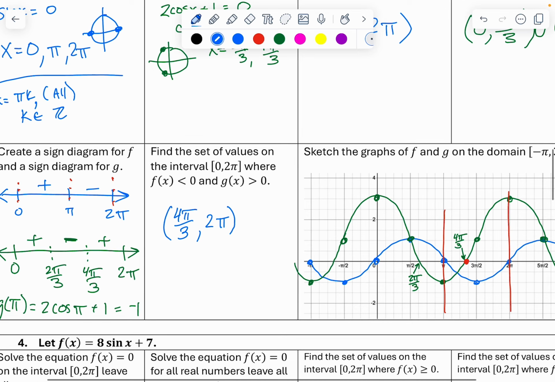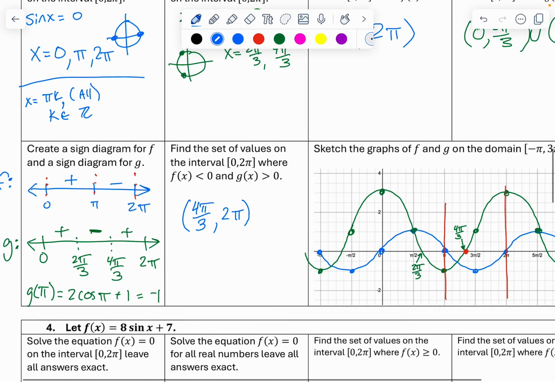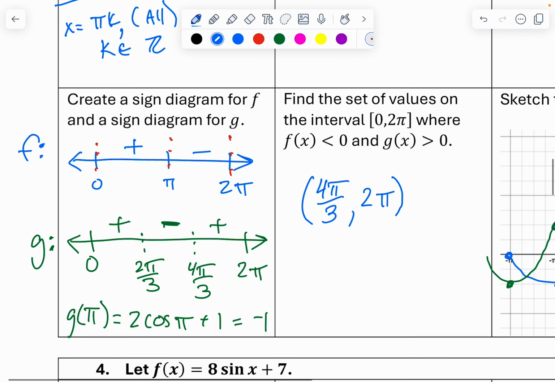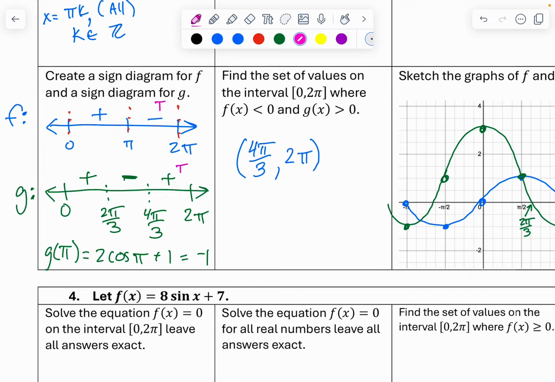Yeah, because we needed both of these things. You can look at the two sign diagrams together. I don't know why I wrote an F. I meant to write T for true. True here and true here. So one was true when it was negative, the other one was true when it was positive, and we had to go with the smaller group.